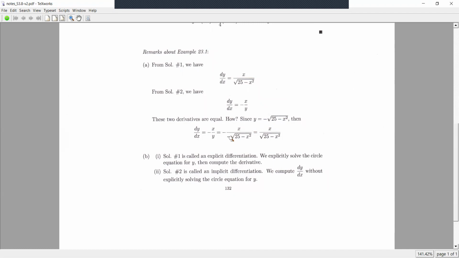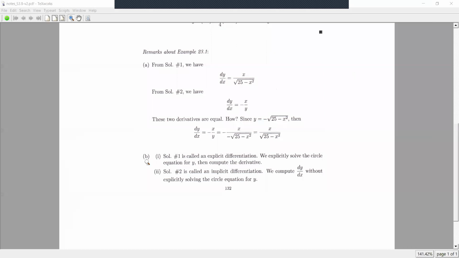Cancel the minus sign, then we have this equation. This is the derivative from solution 1. Therefore, the derivative from solution 2 is equal to the derivative from solution 1.